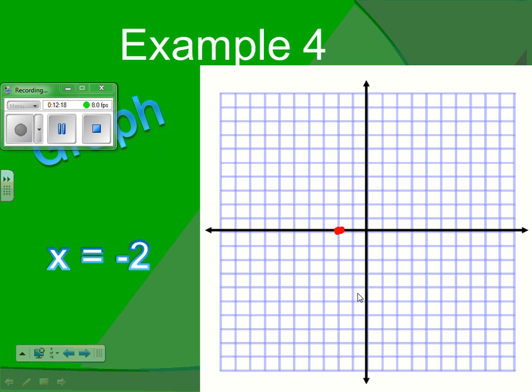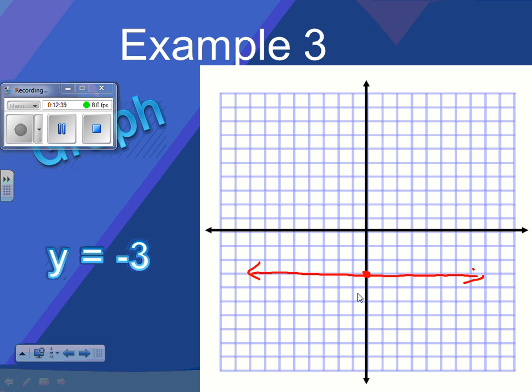Because it says x, we think x-axis, but it is actually vertical. It's the opposite of that. So this would be a vertical line with an undefined slope. Very good. Okay. You do this one by yourself. Oops. There we go.